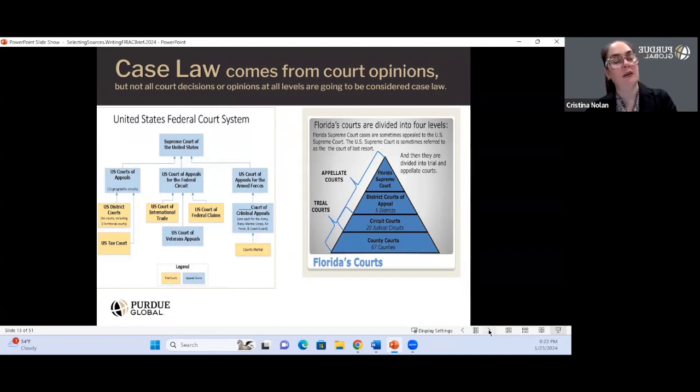You'll notice in some states, I think it's New York, the appellate court is the highest court in the state, and then the Supreme Court is right below it. So when you are working in a particular state, you want to make sure that you understand the levels of the court in your state.